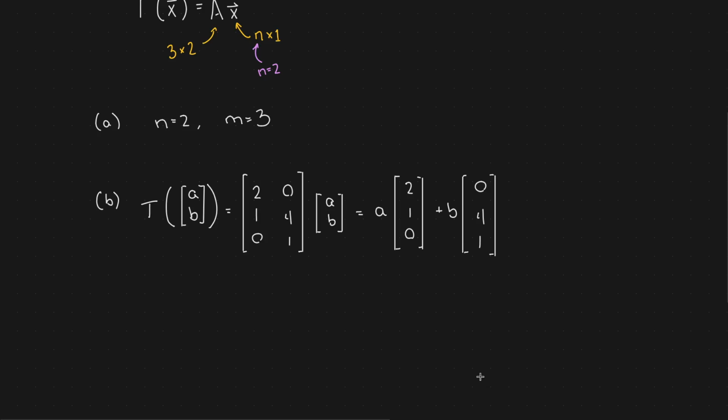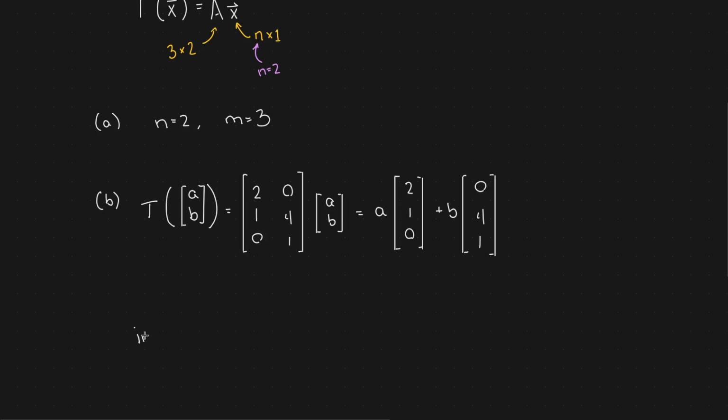Now, there's nothing special about a, b. I could plug in any value I want for a, any value I want for b. This will still hold. So actually, the image of the transformation is just the set of all possible linear combinations of these two vectors, where the vectors are the columns of my matrix.